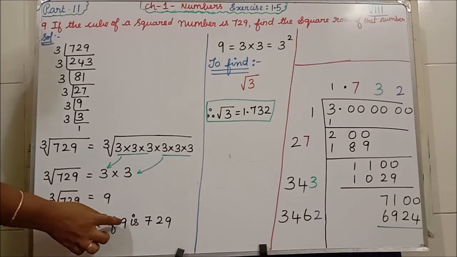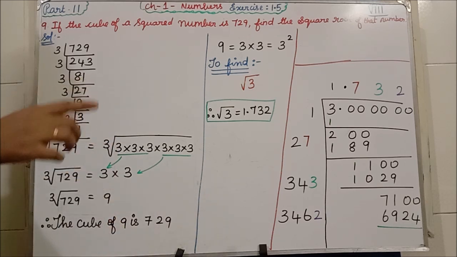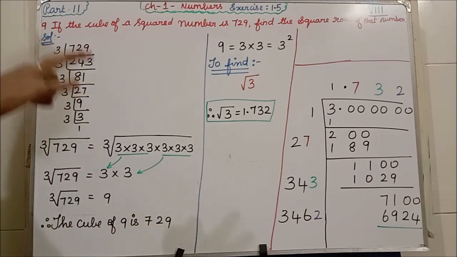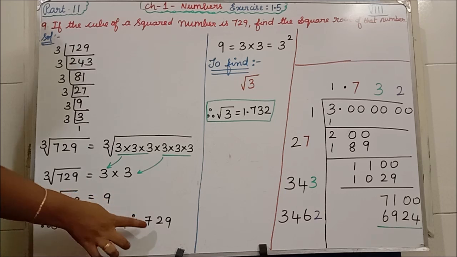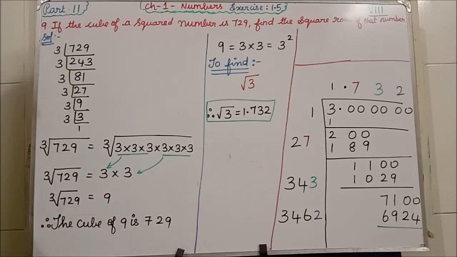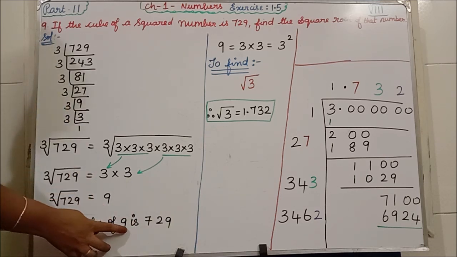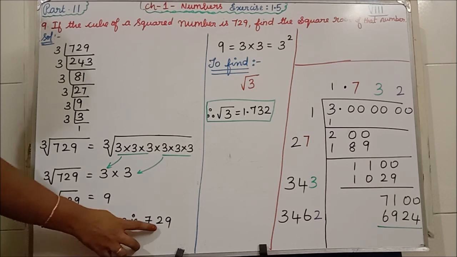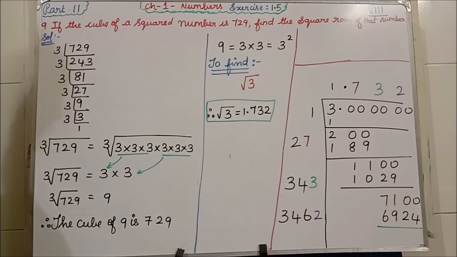Therefore the cube of 9 is what? 9 into 9 into 9. If you multiply 9 three times, we will get 729. Okay, but they are not asking that. What they are asking: we have got that 9 is the cube root of 729. The cube of 9 is 729, we have got.